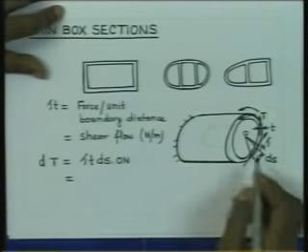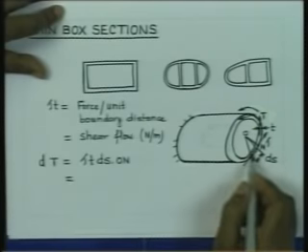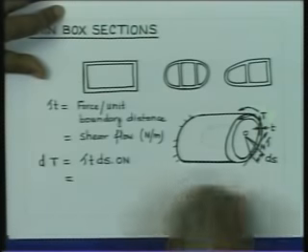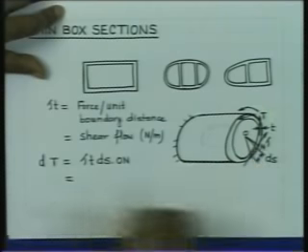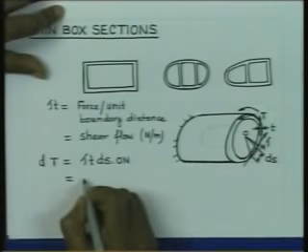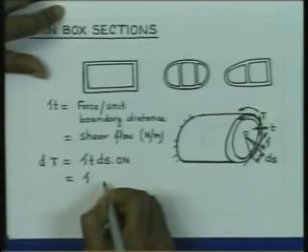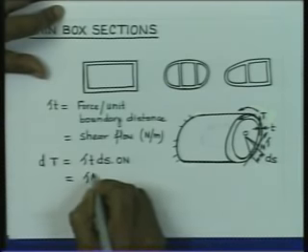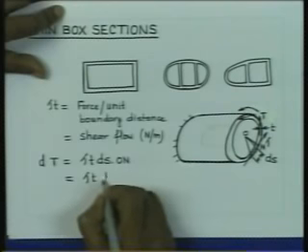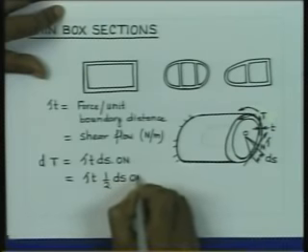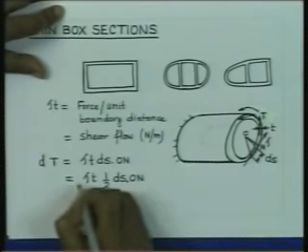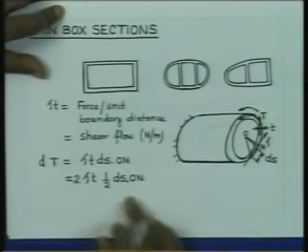If we consider now this ds, ds is this to this point and this is ON, we can write now tau into t into half ds into ON multiplied by 2.